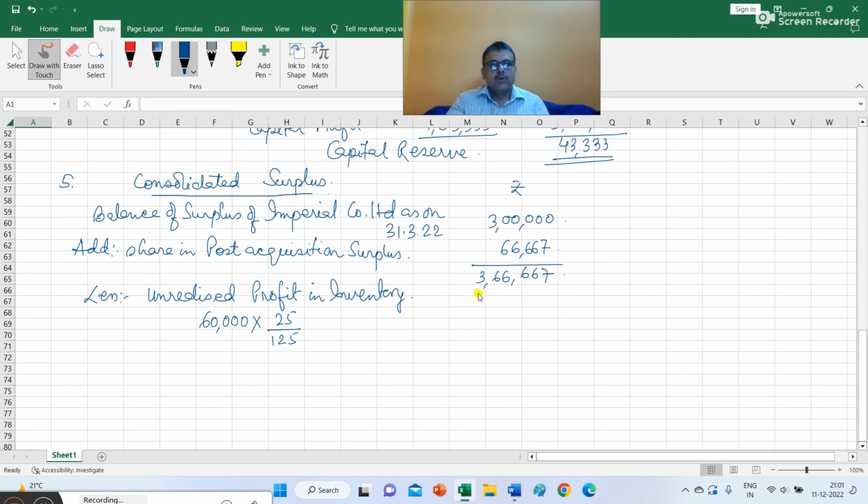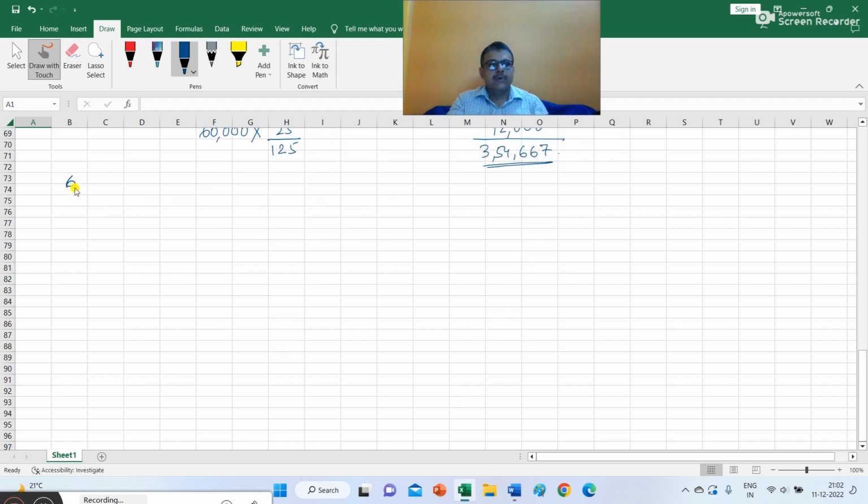So 12,000 is the unrealized profit in inventory. So the balance of consolidated surplus is 3,54,667. Next, we have to write the consolidated general reserve.